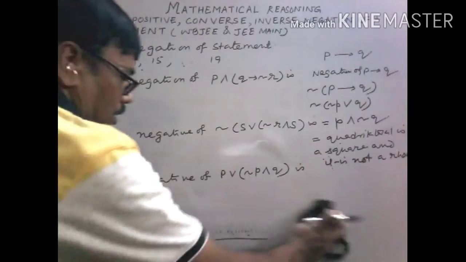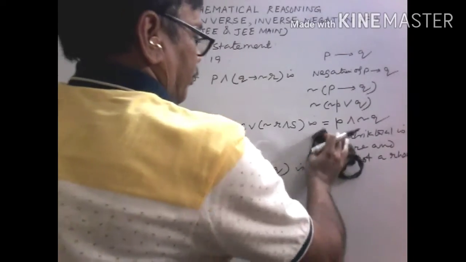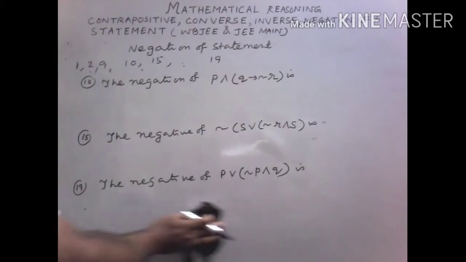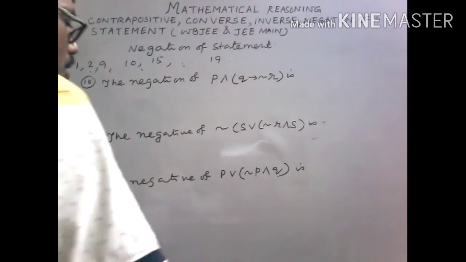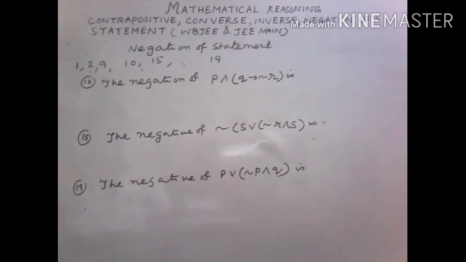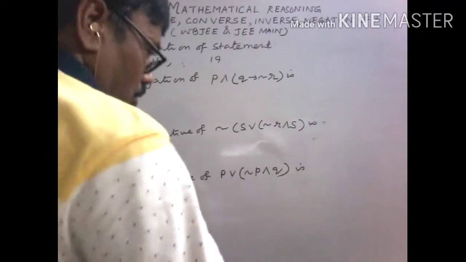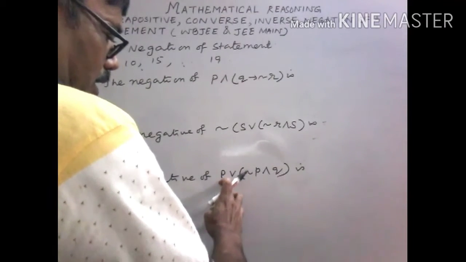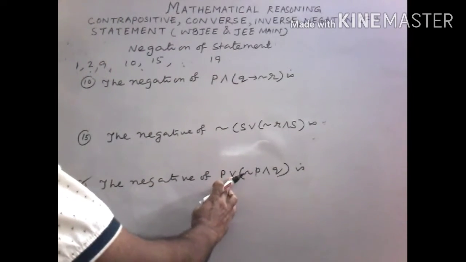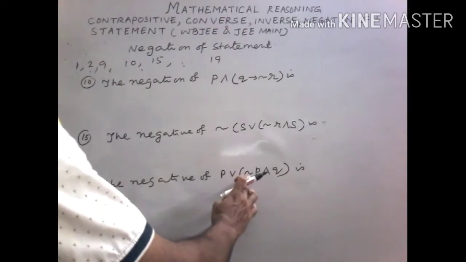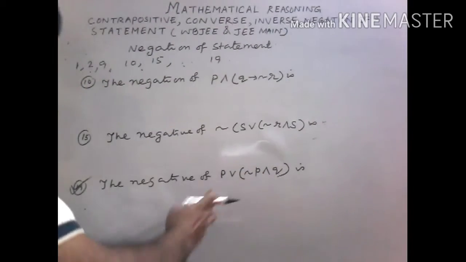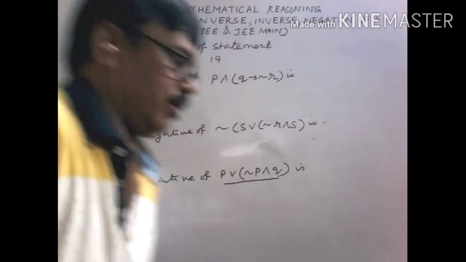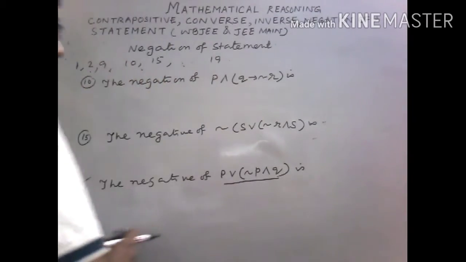Now, problem number 19: the negation of P disjunction, that is, union, negation P intersection Q. So we have to find the negation of this. Now we simplify it using set algebra.